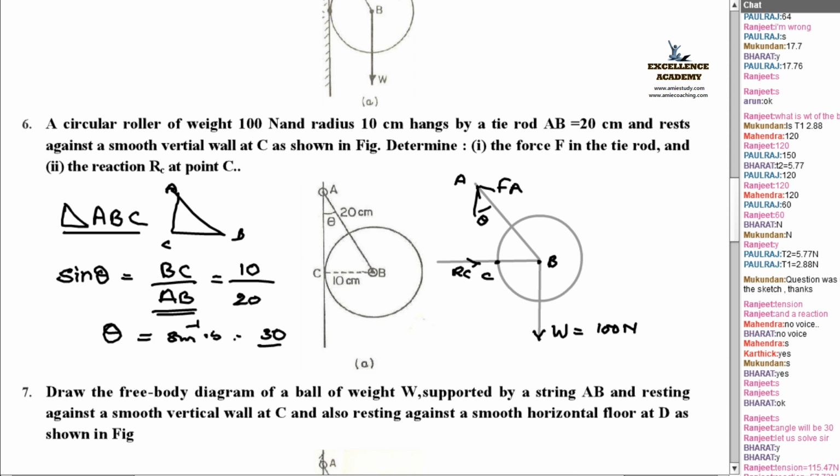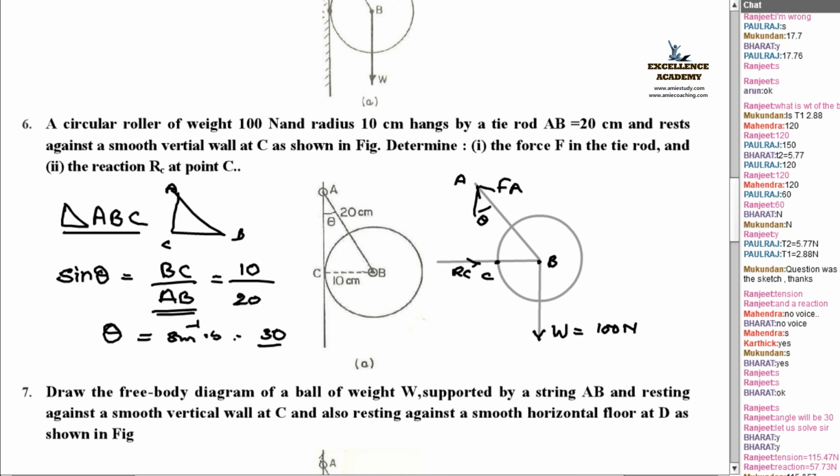Theta is known. Then I want to find out the remaining forces. Ranjit is giving me 115 and 57. Okay. Let us check with the help of others also. So you got the angle theta now. 115 and 57.